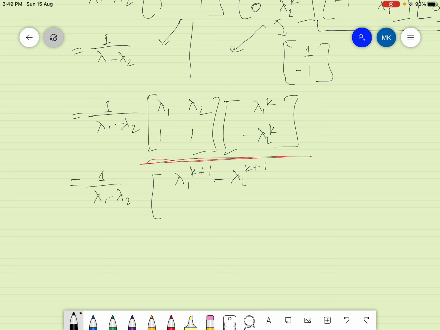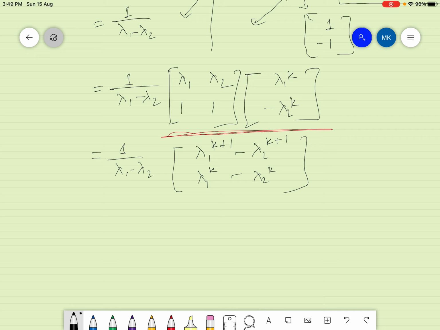Then you have lambda 1 to the power k minus lambda 2 to the power k. Okay, so the calculation has become really easy here.